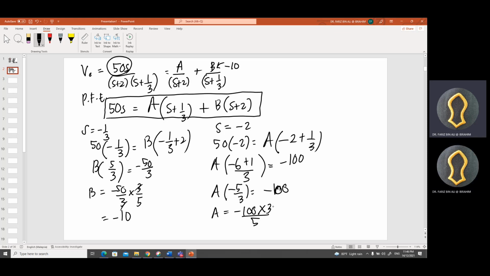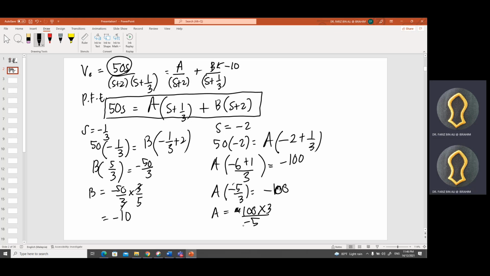Oh, we have minus. So minus 100 times 3 over 5, and we have minus here. So minus will be gone, because both sides are negative and it becomes positive.